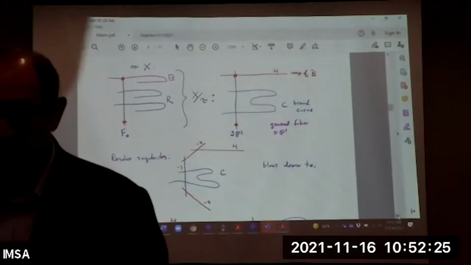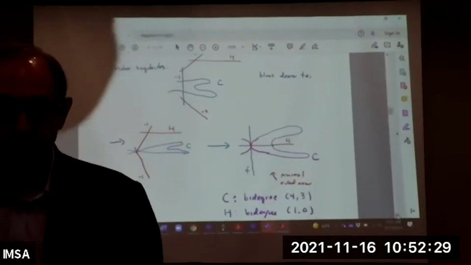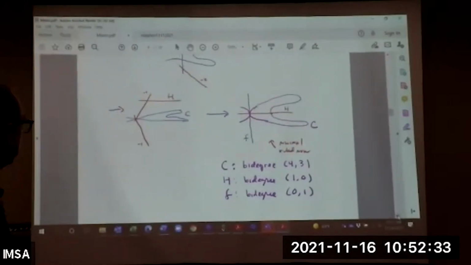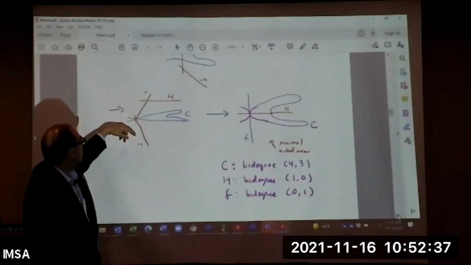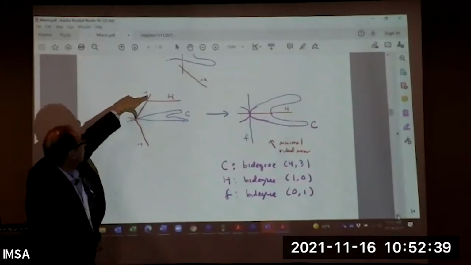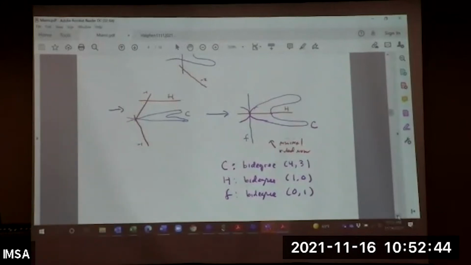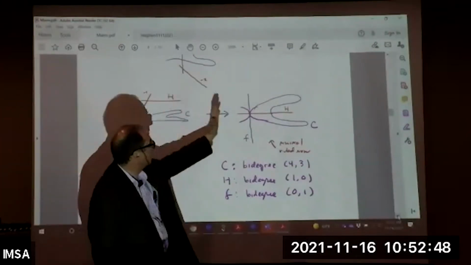And so you can blow them down. First you blow down the double member, and the two -2 curves both turn into -1 curves. Then you blow down one of them, and then blow down the one that meets the section. And what you get when all is said and done is a minimal surface.